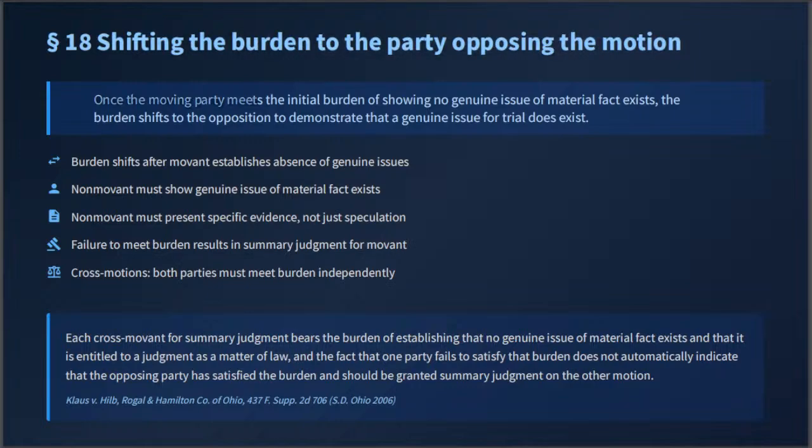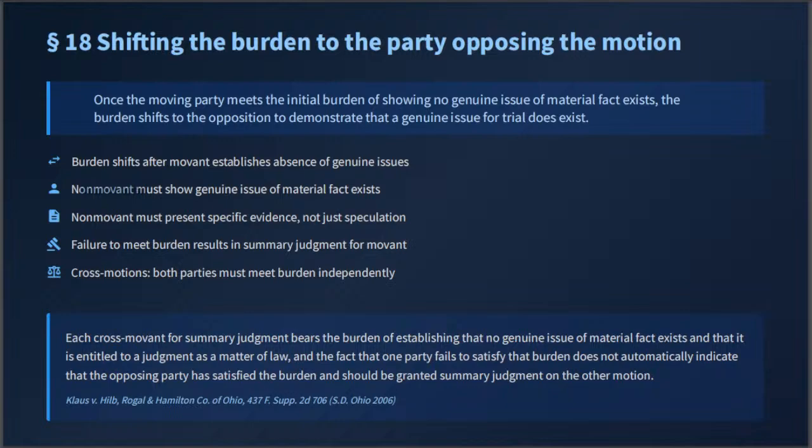Once the moving party meets the initial burden, as we just went over, of showing no genuine issue of material fact exists, the burden now shifts to the opposition to demonstrate that a genuine issue for trial does exist. So the burden shifts after the movant establishes an absence of genuine issues.